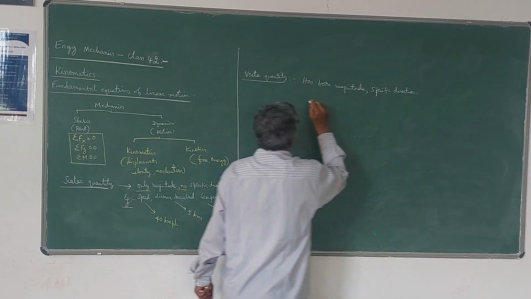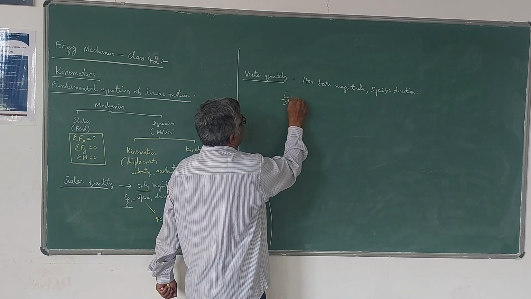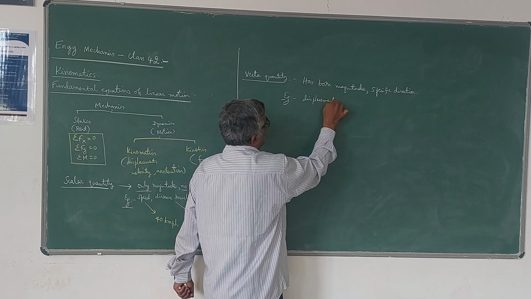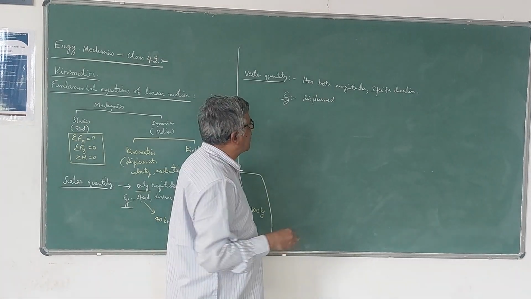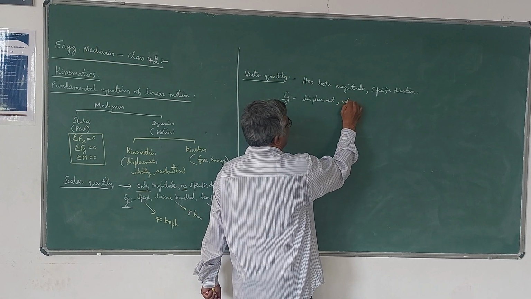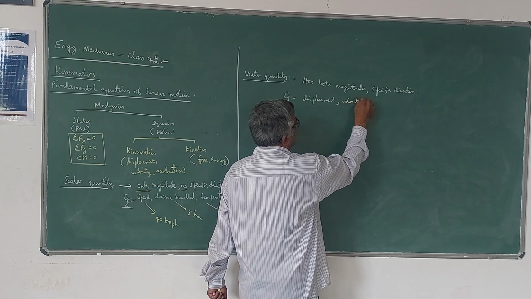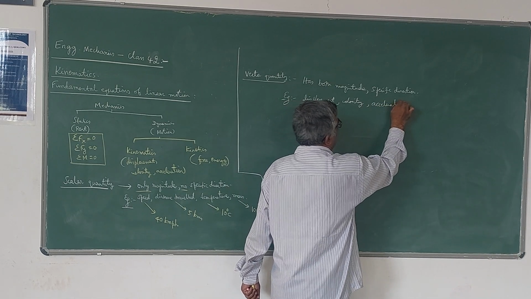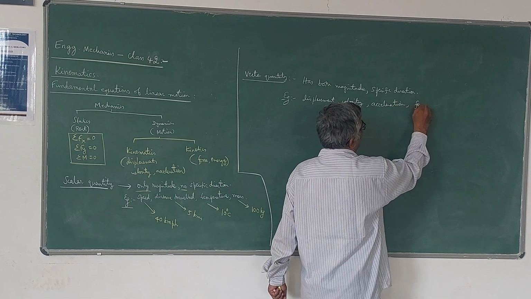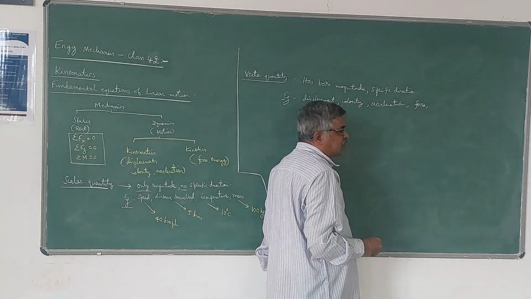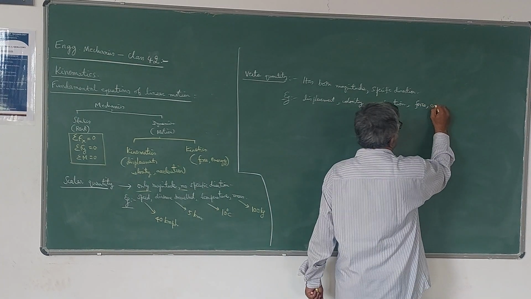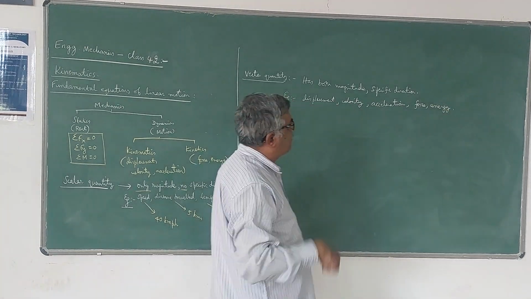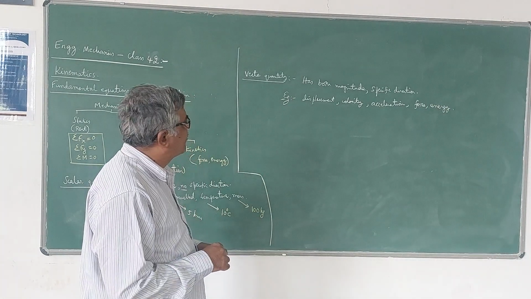Example for this is displacement, because when we are talking about displacement, we speak about in which direction the displacement has occurred. Then velocity, rate of change of displacement. Then acceleration, rate of change of velocity. Then force, which is according to Newton's second law, mass into acceleration. Then energy.